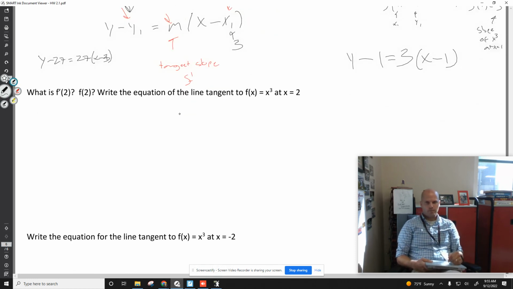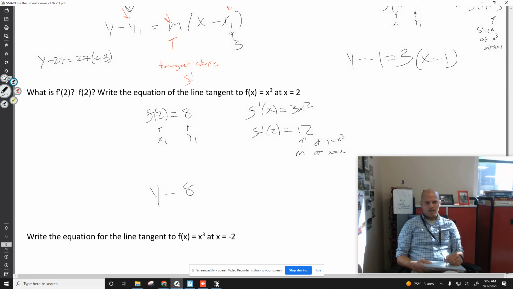Two more points. Plugging in 2, I get 8. Plugging in 2 here, and this is what we did in class, gives us 12. Point, tangent slope of f at x equals 2: y minus 8 equals 12 times x minus 2.